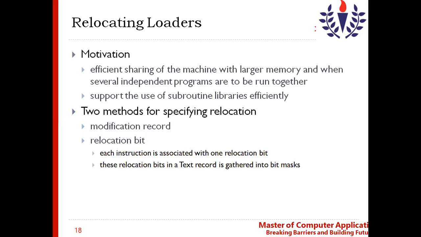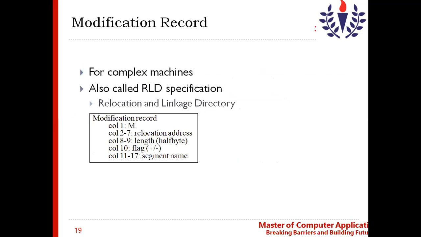One of the important topics is relocation, because it varies depending on the machine, whether it is a simple machine or a complex machine. For the SIC machine, we go with the relocation bit mask. For the SIC/XE machine, the modification record would be used. We'll see how exactly that is used.